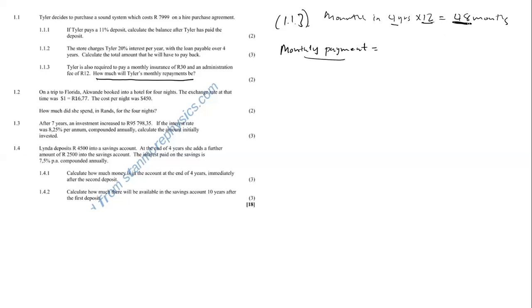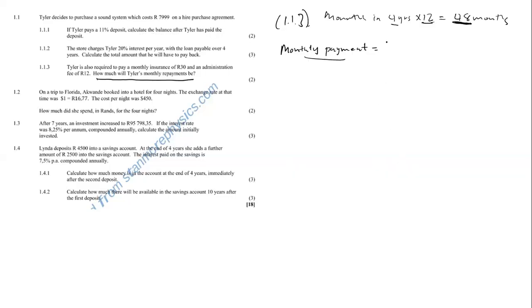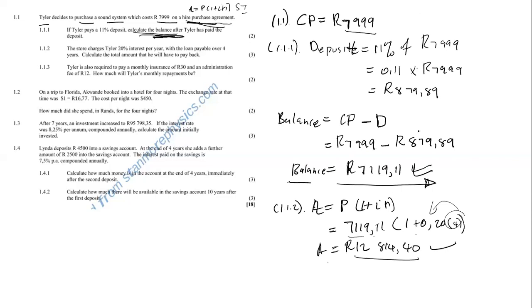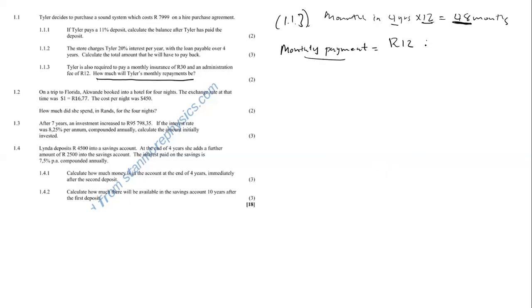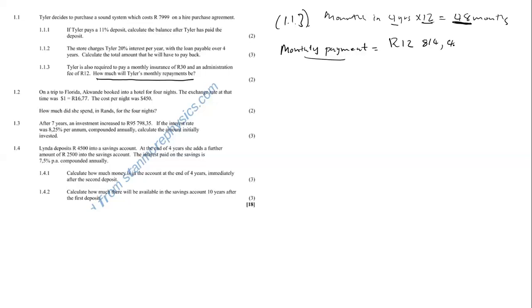But remember, as he's going to make payments over 48 months, he's going to pay this amount, but with installments. So we want to calculate that installment. So we're going to say 12,814 and 40 cents, divided by 48.